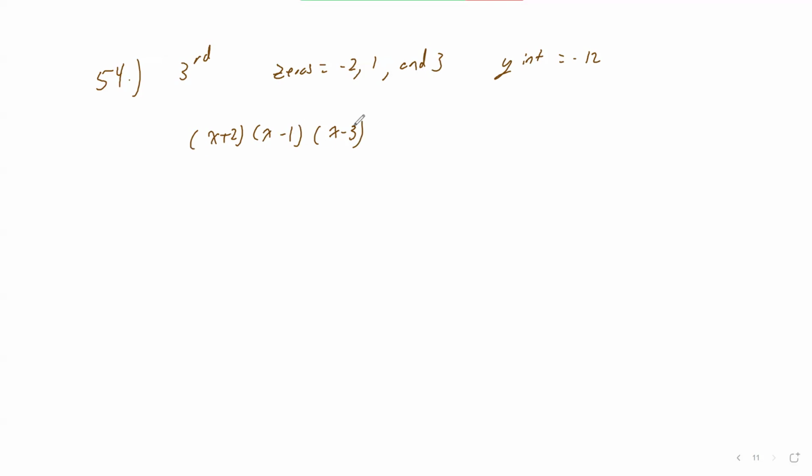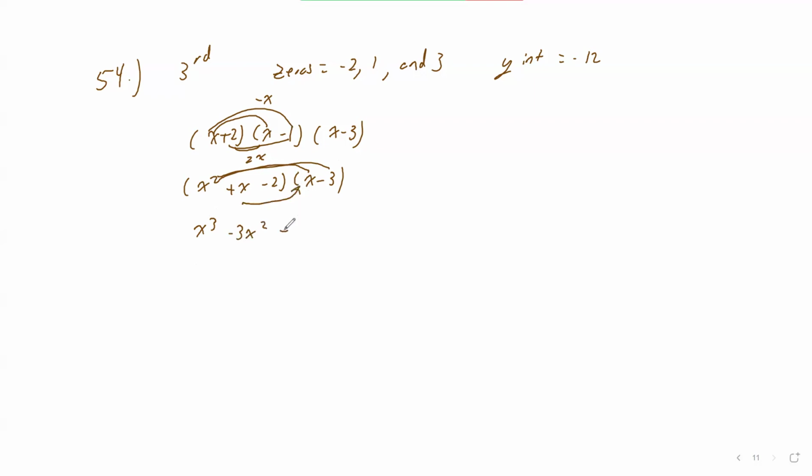So let's work this out. I'm going to work the first one first. So this is going to be x squared minus x, 2x. So 2x plus -x is just x minus 2. Now I'm going to work it out again. X squared times x is x cubed. X squared times -3 is -3x squared.